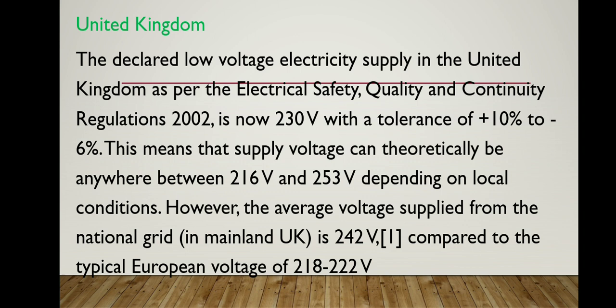This means that supply voltage can theoretically be anywhere between 216 volts and 253 volts depending on local conditions. However, the average voltage supplied from the national grid in mainland UK is 242 volts, compared to the typical European voltage of 218 to 222 volts.